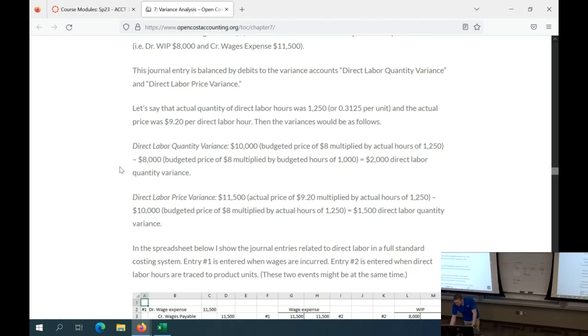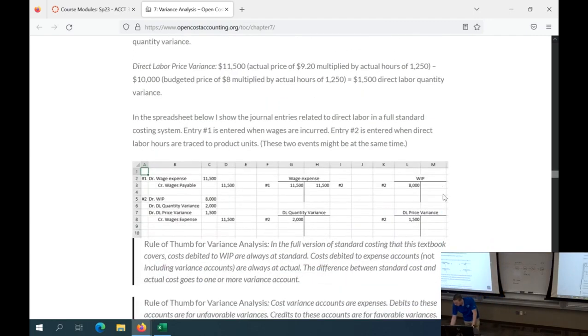We're going to debit $8,000 to work in process, and that means we have to have plug lines in the journal entry to the different variance accounts. Again, these are expense accounts, and so if we're debiting them, that means we're increasing the expenses. That's unfavorable. All things being equal, more expense is less than less expense. That's your second important lesson you didn't know before, sarcastically speaking.